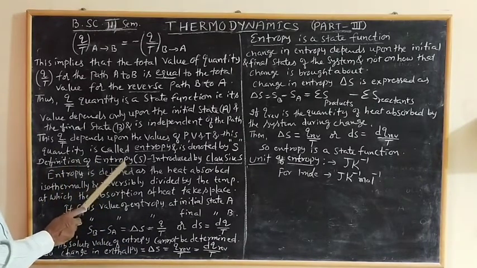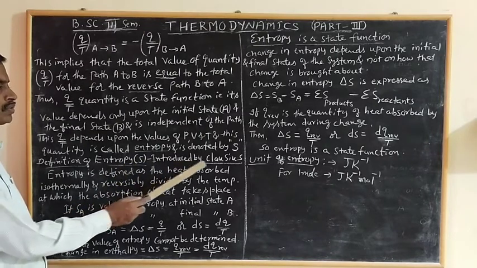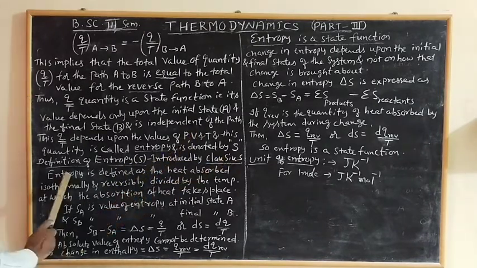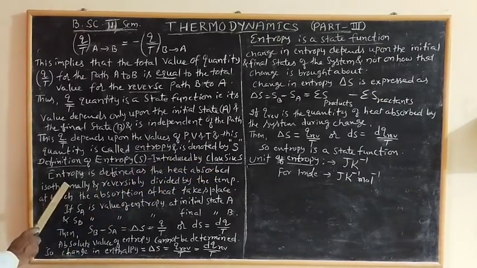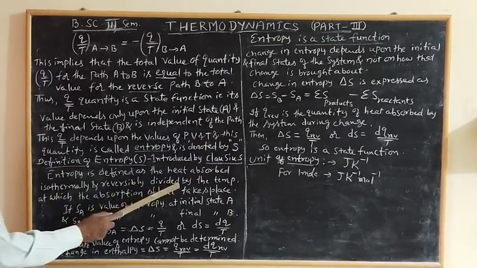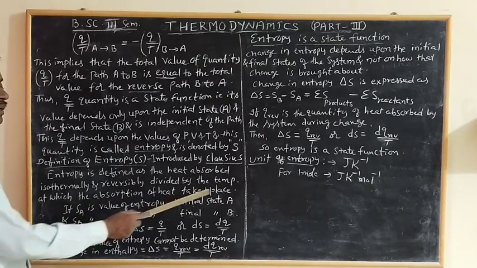Now, the definition of entropy. The term entropy was introduced by the scientist Clausius. Definition: entropy is defined as the heat absorbed isothermally and reversibly divided by the temperature at which the absorption of heat takes place.